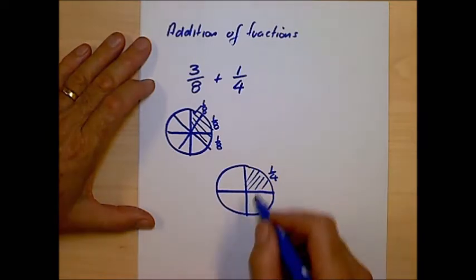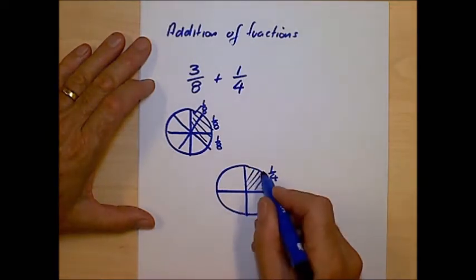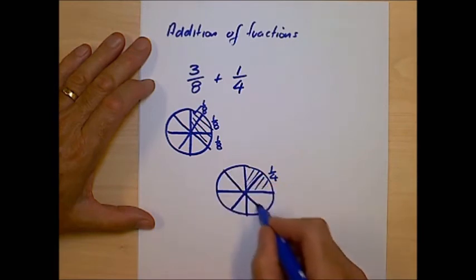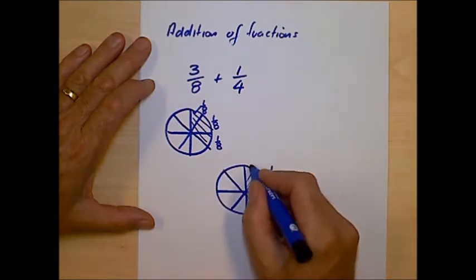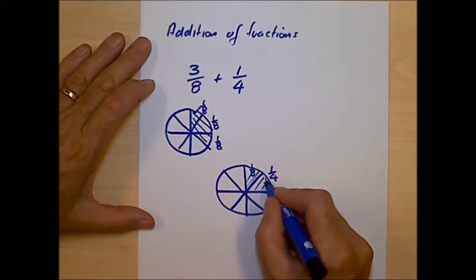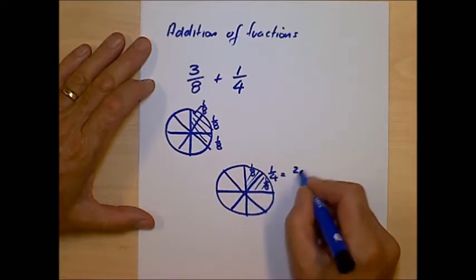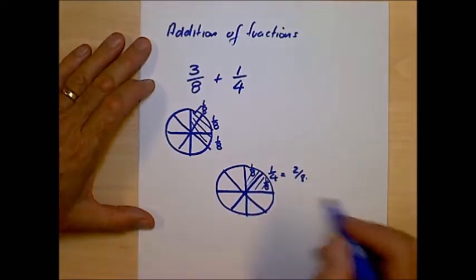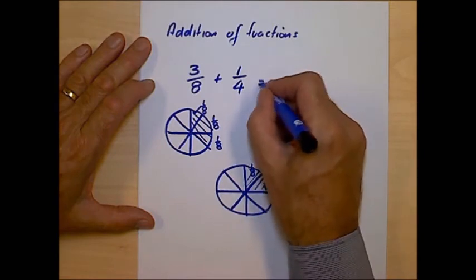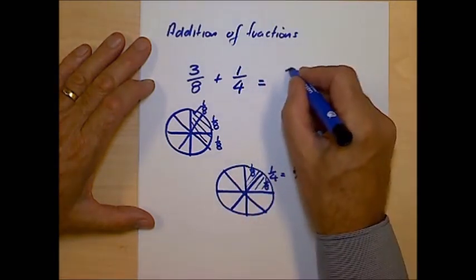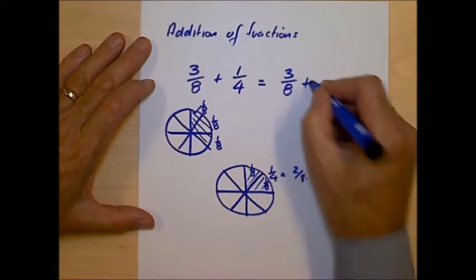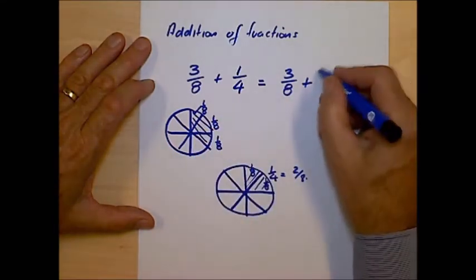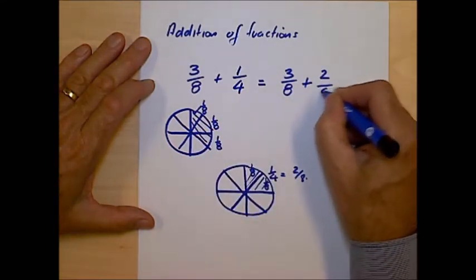We can do that by recognizing that the quarter here could be thought of as being 1/8 plus 1/8, which is equal to 2/8. So to do this problem, we simply say that would be 3/8 plus the equivalent fraction 2/8.